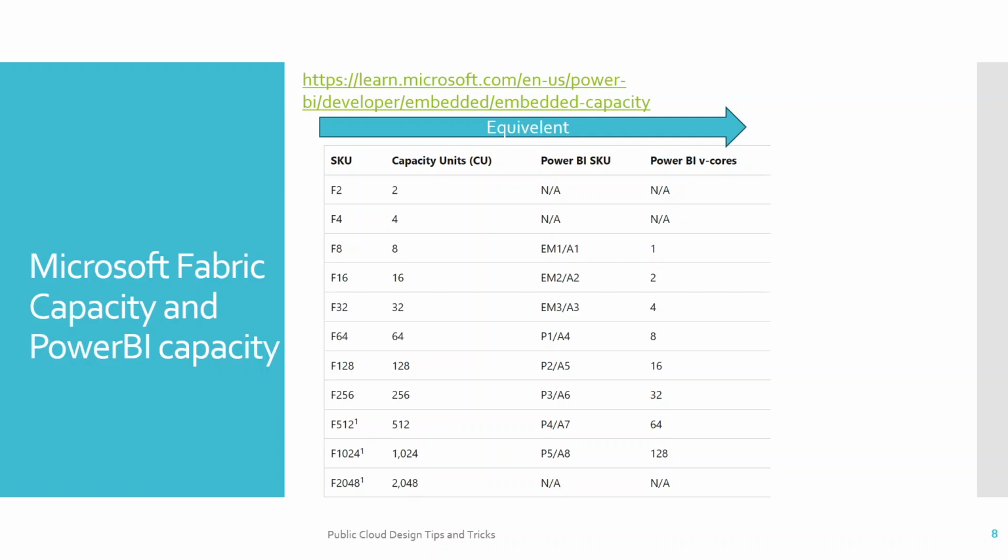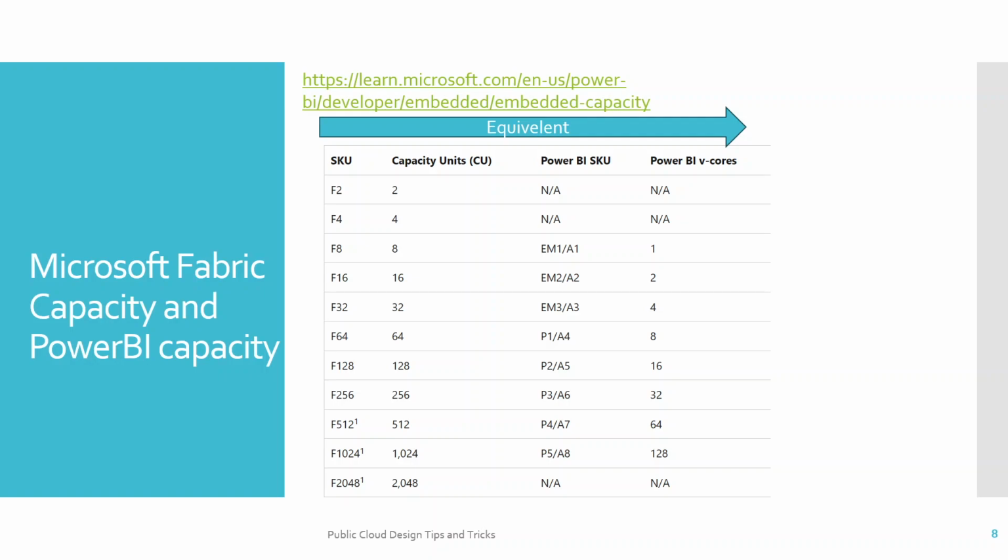Similarly, if you have an F8, that comes with an embedded kind of Power BI license. But when you go a little bit higher, like F64, then you have a premium SKU included.